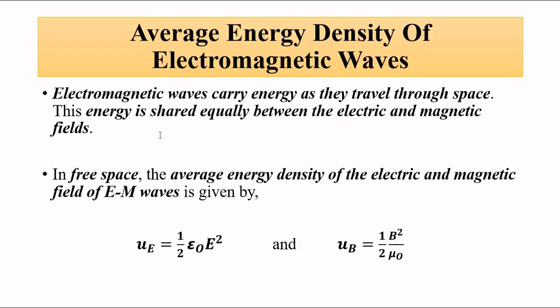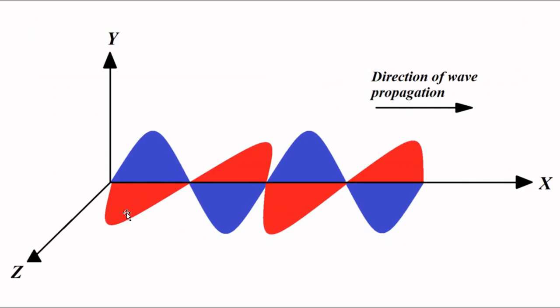Okay, and that energy is shared equally among the electric and magnetic fields, their vibrations, their oscillations. So the total energy of the electromagnetic wave is shared equally. So as they propagate in space along a particular direction, mutually perpendicular direction, they carry that electromagnetic energy.